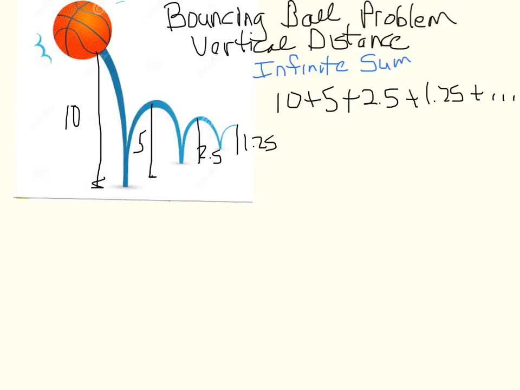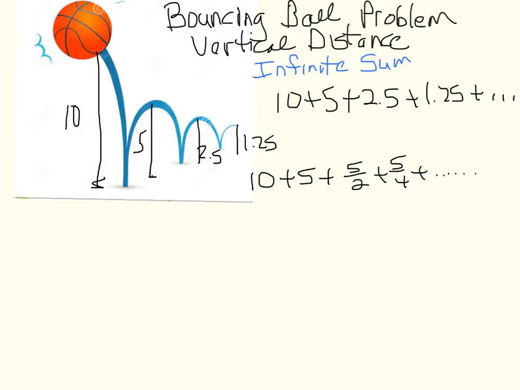Sometimes it's easier to look at using fractions, so I'm going to rewrite it down here: 10 plus 5 plus 5 halves plus 5 fourths, and so on. This is a geometric series because we're multiplying the previous term by half to get the next term.